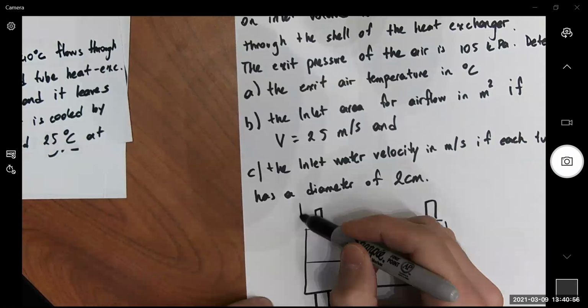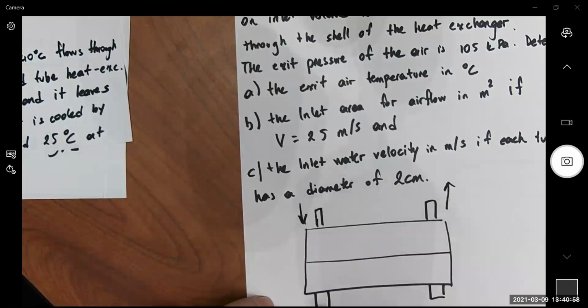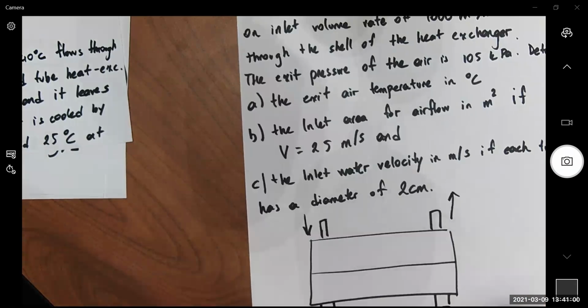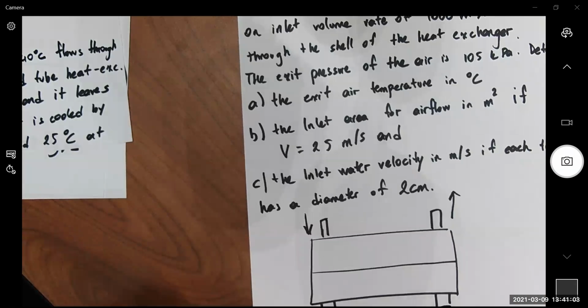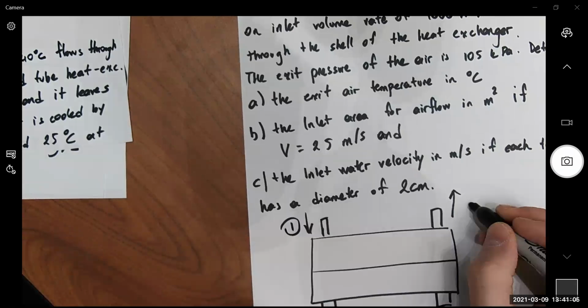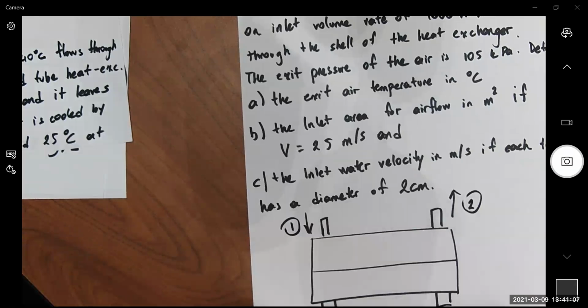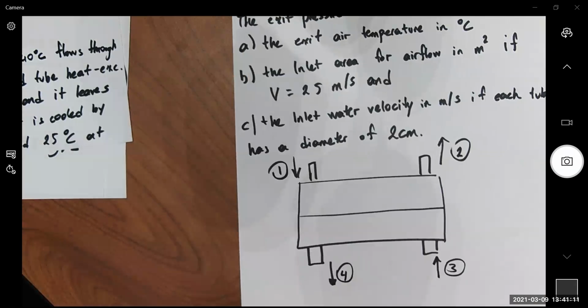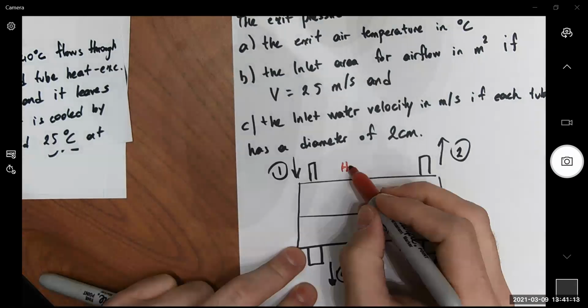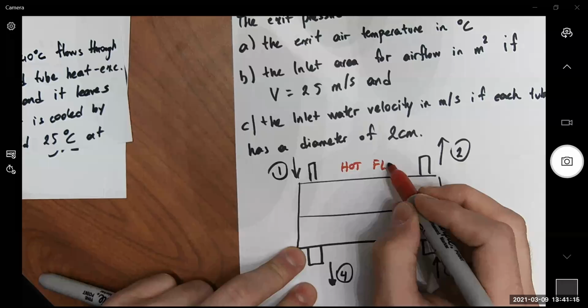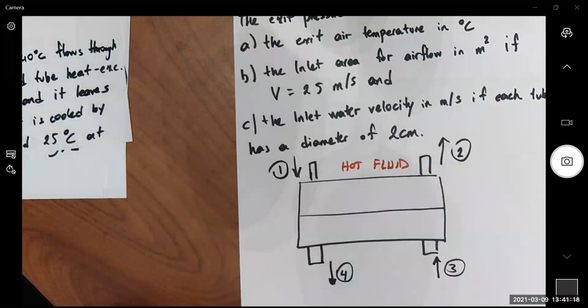One inlet, one outlet on each side: 1, 2, 3, 4. Hot fluid, cold fluid.